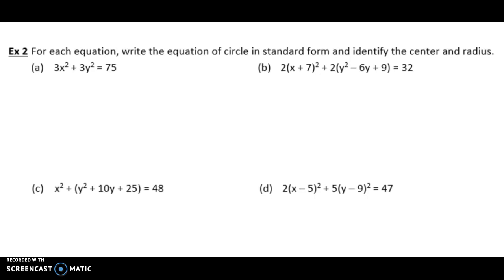How is 2A different than standard form? That's coefficients. And remember, a coefficient is a number multiplied in front of an x squared or a y squared or an x, some variable. So if there's ever a coefficient, you need to divide it away. So I'm going to go through and divide all 3 terms by the coefficient of 3.